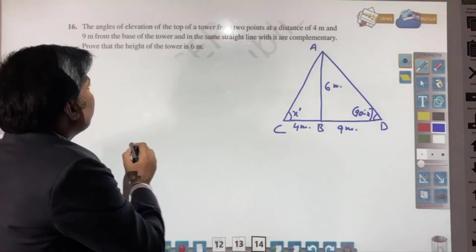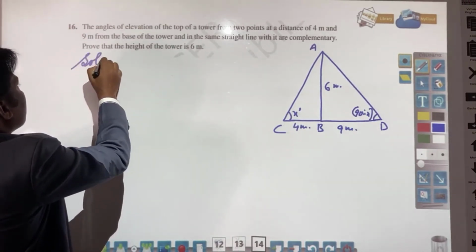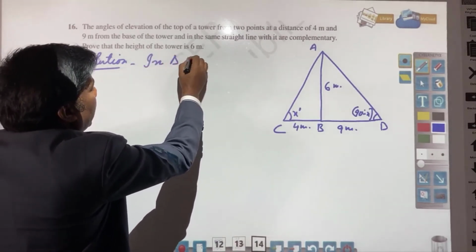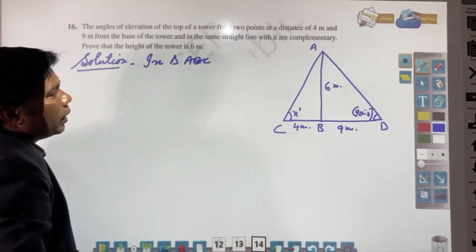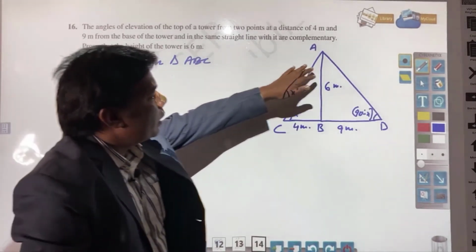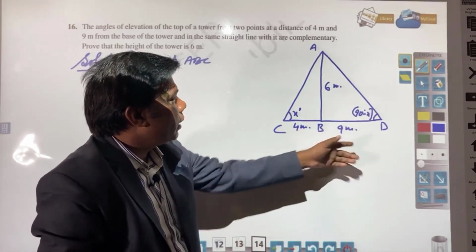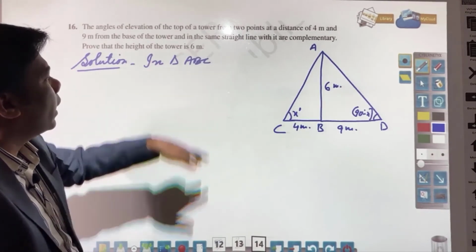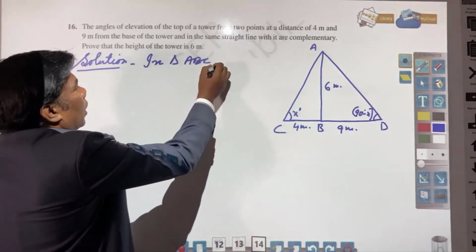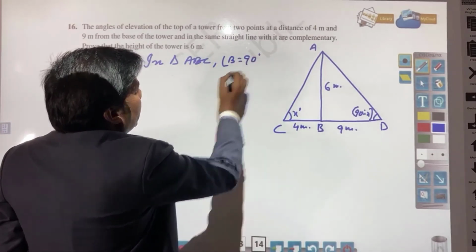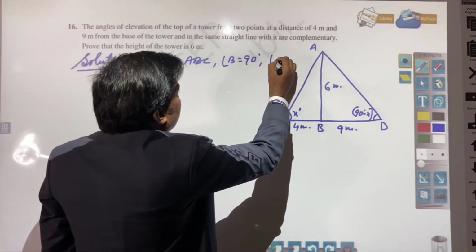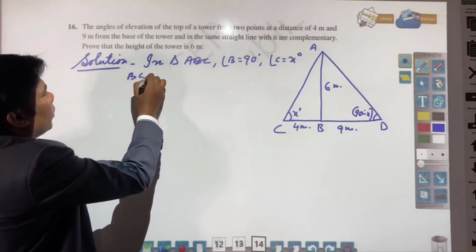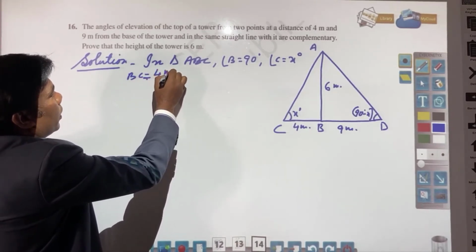Now in triangle ABC, AB is the tower, and the 2 points are C and D. In triangle ABC, angle B is equal to 90 degree, angle C is equal to x degree, and BC is equal to 4 meter.